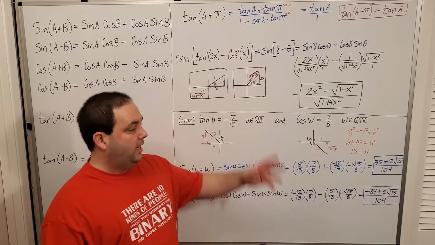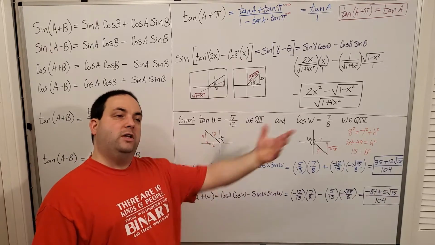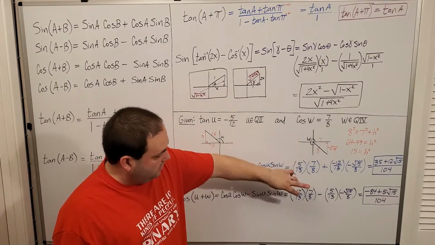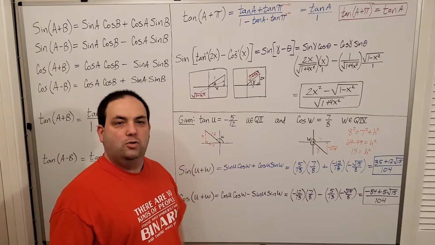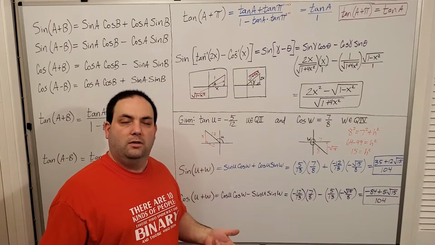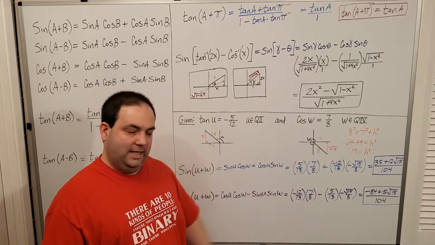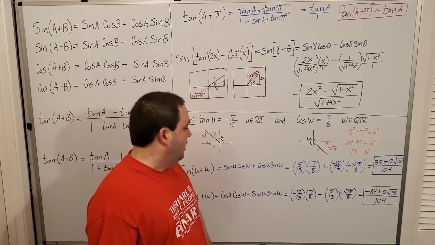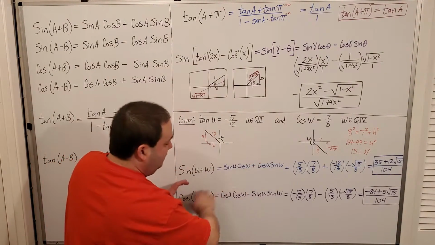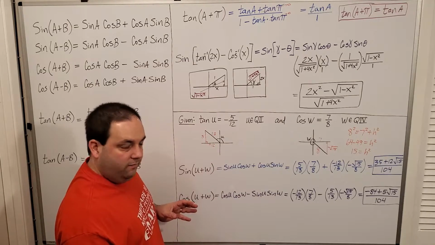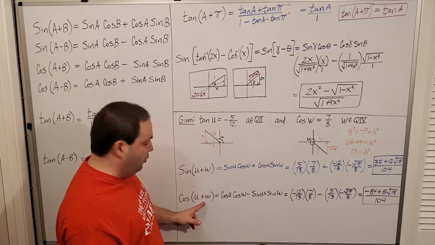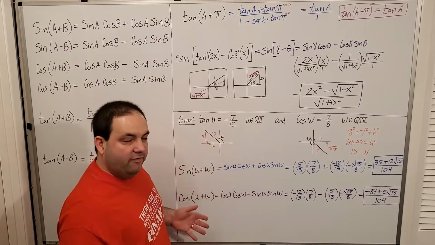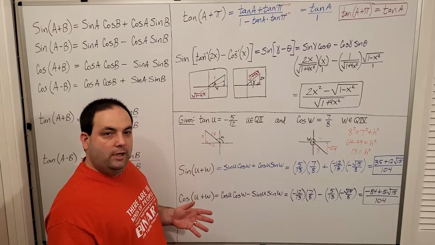From sine and cosine, I could do sine over cosine would give me tangent. I could do the reciprocal of those two and I get secant and cosecant, and then do the reciprocal of the one I just talked about, tangent, to get cotangent. Okay? So I need these formulas sometimes to do some of the first few of them, but now whatever u plus w is, I have the ability to get all of its trig ratios.